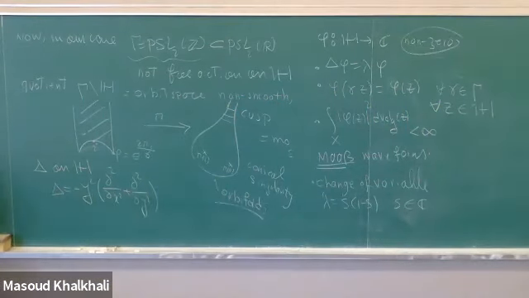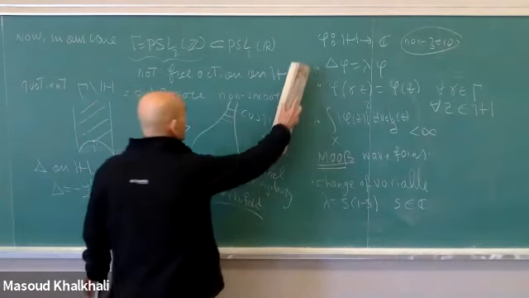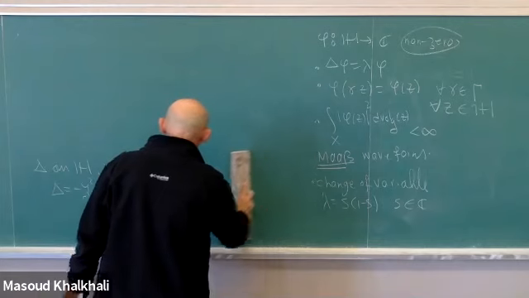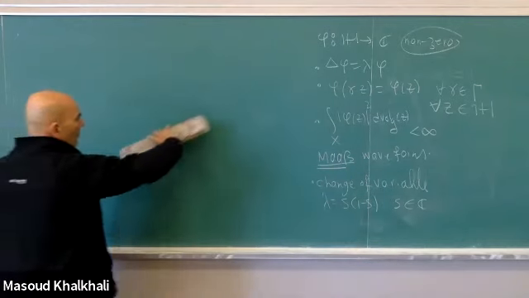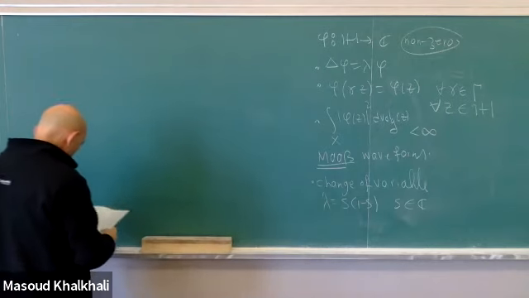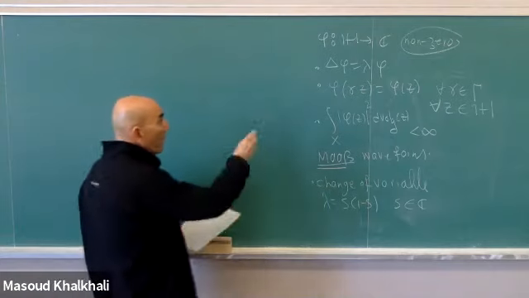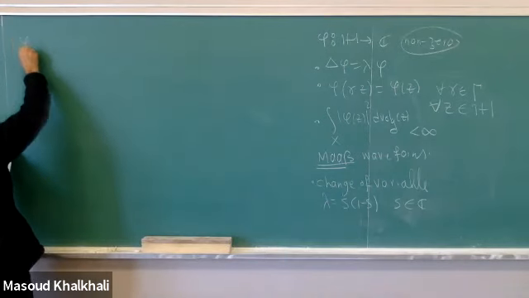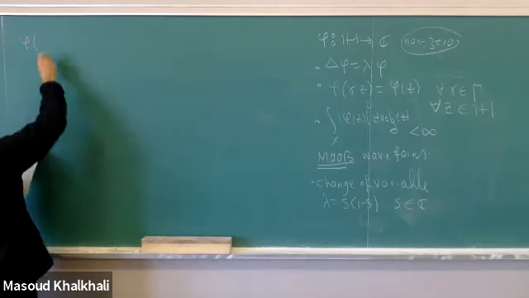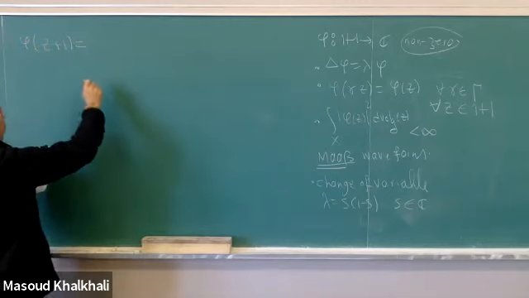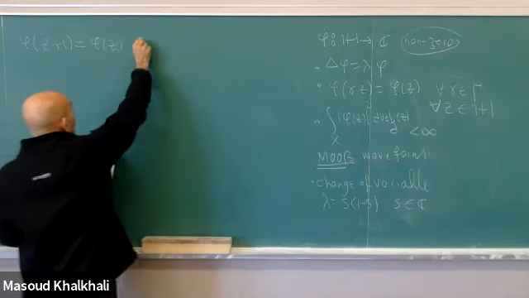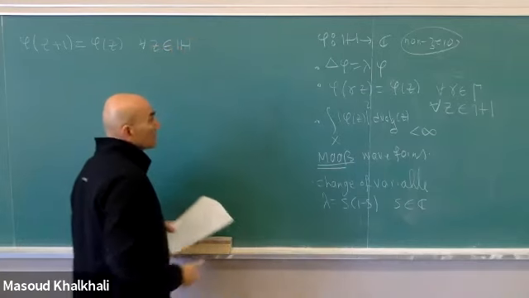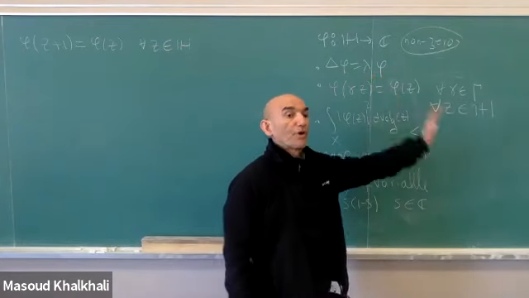So now take such a phi. Certainly phi has the property that phi of z plus 1 is equal to phi of z for all z belonging to the upper half plane, because there is an element of this discrete group, the translation by one map.